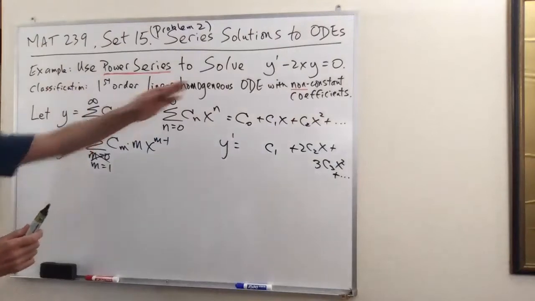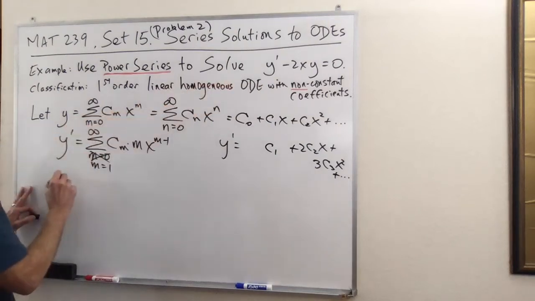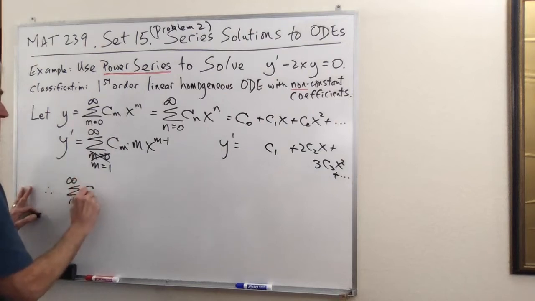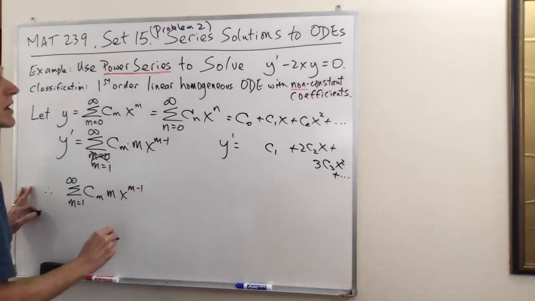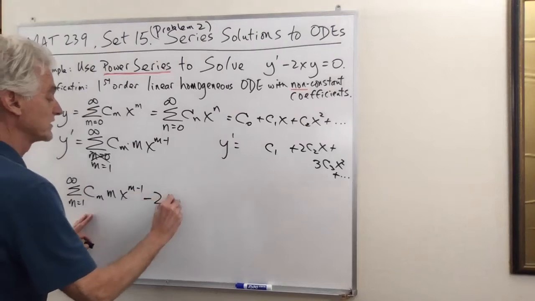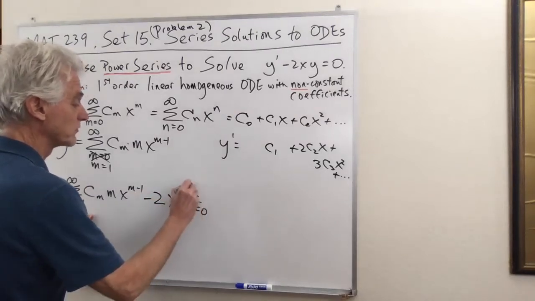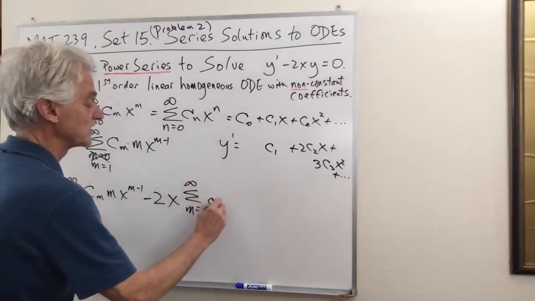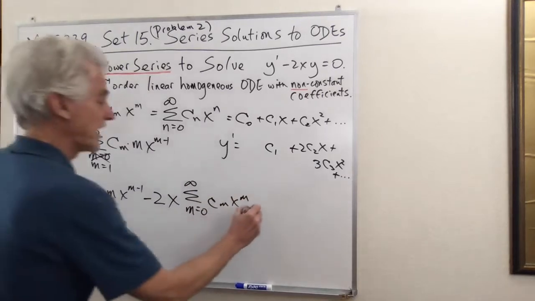So let's plug this into the ODE. When I plug into the ODE, I get y prime, the sum from m equals 1 to infinity of c_m times m times x to the m minus 1, minus twice times x times the sum m equals 0 to infinity of c_m x to the m, right? And that has got to be 0.